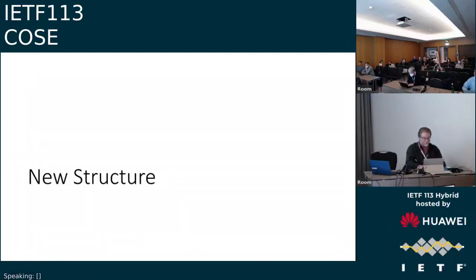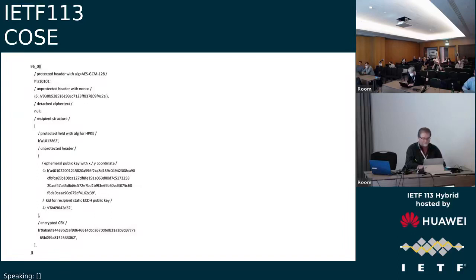So this is the new structure. If you haven't been following the discussions last time, this is a two-layer structure. At the top, you see the classical encryption headers. In this case, the ciphertext is not included, it's detached. There's the algorithm information in the topmost part, and also the nonce.